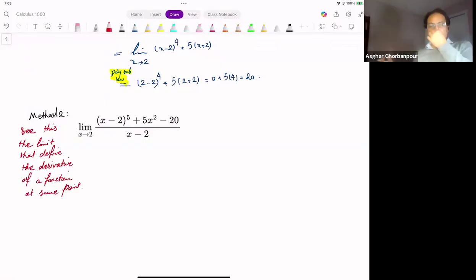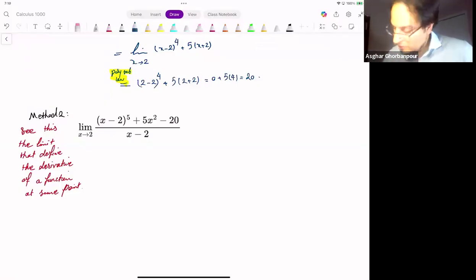I like this method not to be mathematically correct. This is a logical loop I'm creating. But what I'm trying to explain here is that you now have more than one tool to deal with questions like this. If I can see this as the derivative of a function, then I can go ahead and use my differentiation skills and write it as the value of the derivative at a given point.